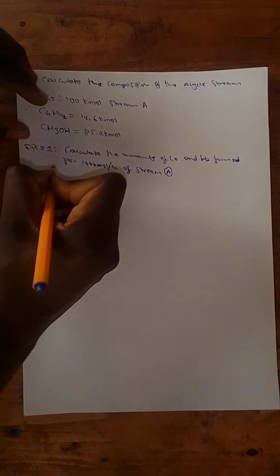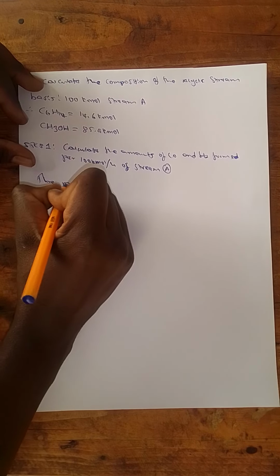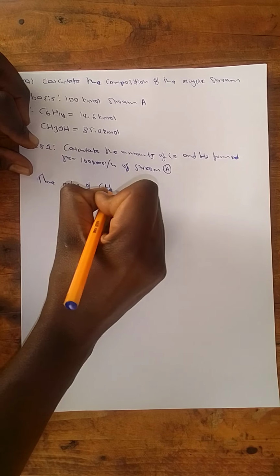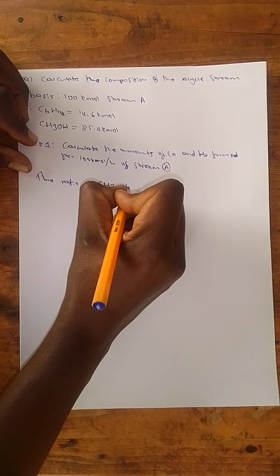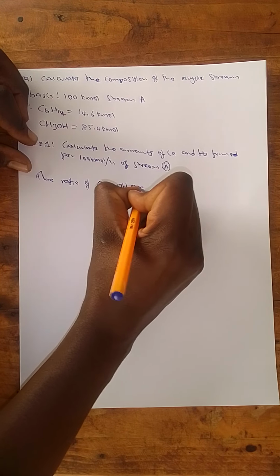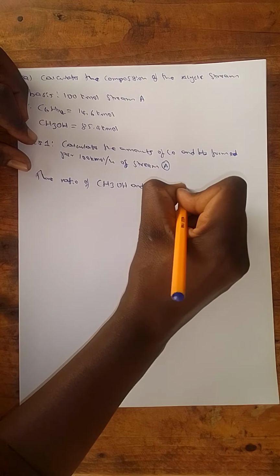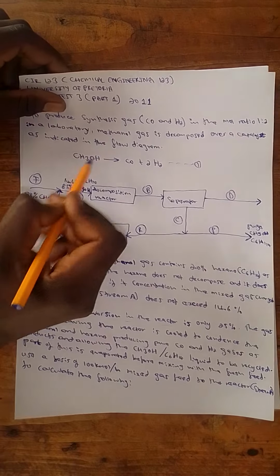So with that said, we can just say the ratio of CH3OH and CO is 1:1. That is according to this equation here. So it's 1:1.